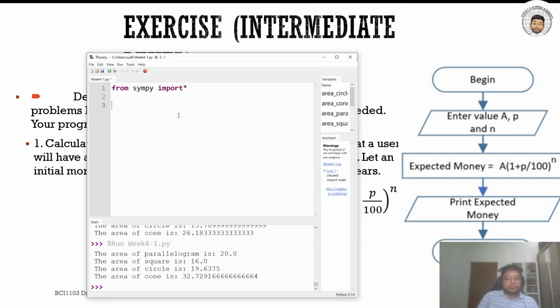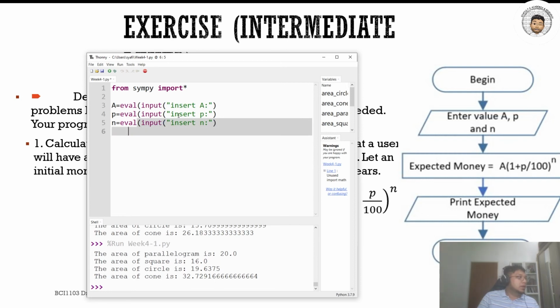Then you have A is equal to eval input, insert A. And then P is equal to eval input, insert P. And then N is equal to eval input, insert N. So here we have 3 inputs.